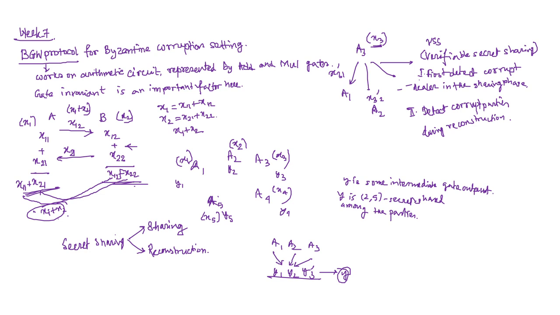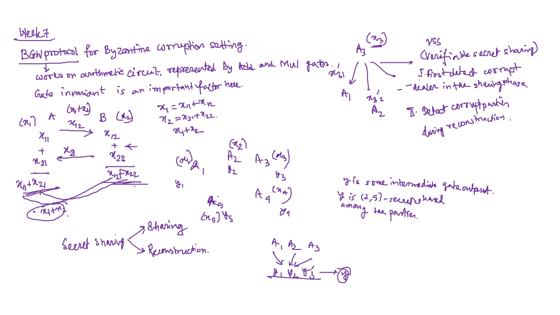In this week we have not yet seen an instantiation of a real verifiable secret sharing protocol, but we have seen that a study of bivariate polynomials over finite fields has been initiated. So we have already seen several properties of univariate polynomials.